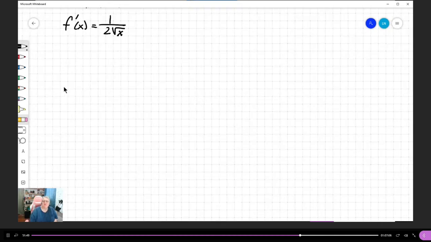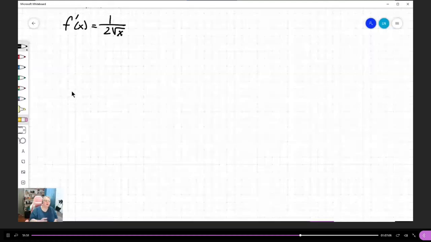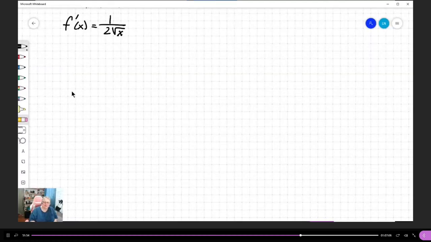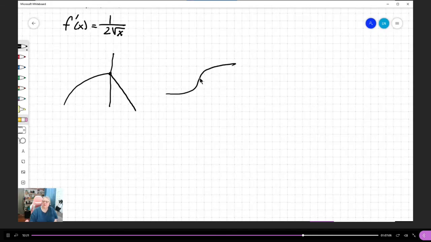So if I have a function that takes a sharp turn, let's say it looks like this, and then all of a sudden does that, you've got this point here where the tangent line does something weird, and that is it becomes infinite. If I have a function that does something like that, then there's a point here where the tangent line becomes infinite.